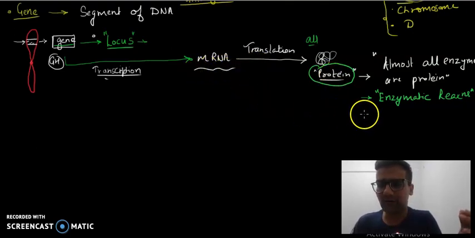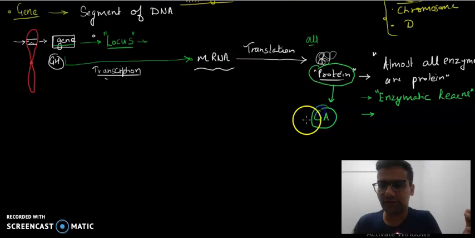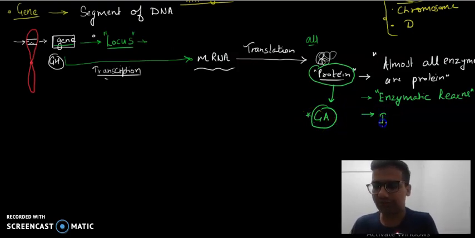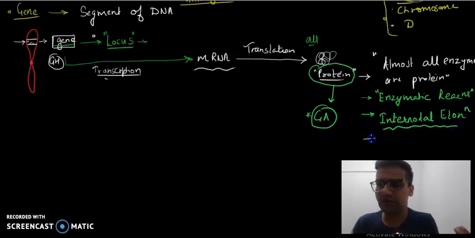Let us say this protein is a growth hormone, which is gibberellic acid in plants. The main function of this hormone is internodal elongation. This internodal elongation in turn will increase the height of the plant, right?